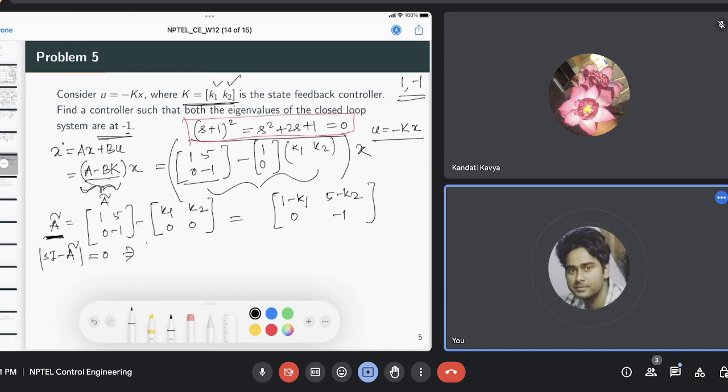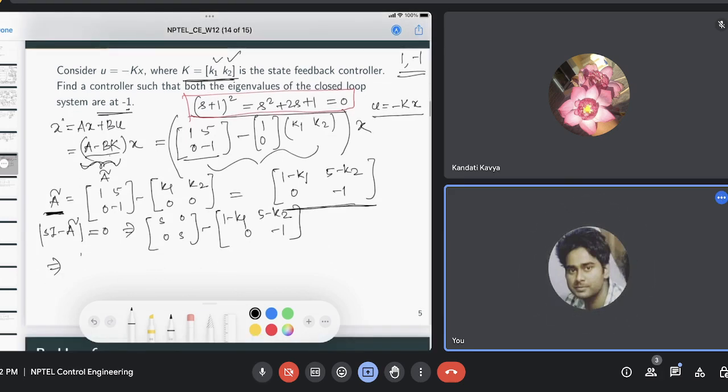So sI minus A tilde, which we already computed, is [s minus 1 plus k1, minus 5 plus k2; 0, s plus 1], and its determinant equals 0.